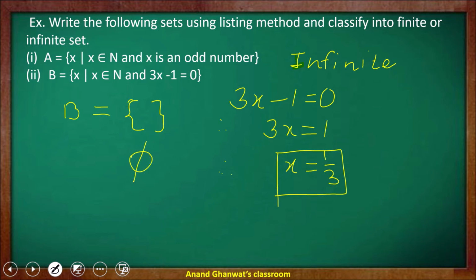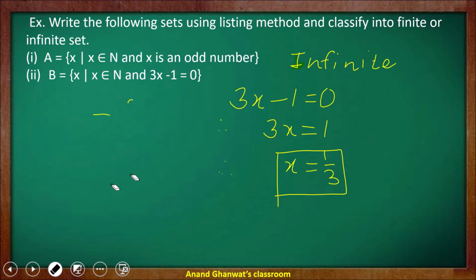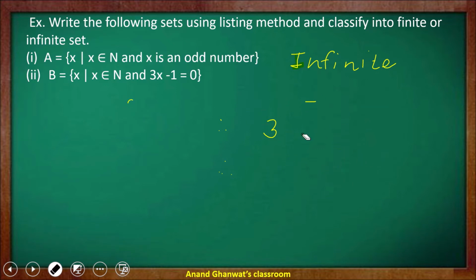So B is phi, and we know that every null set is a finite set. Therefore, set B is also a finite set.